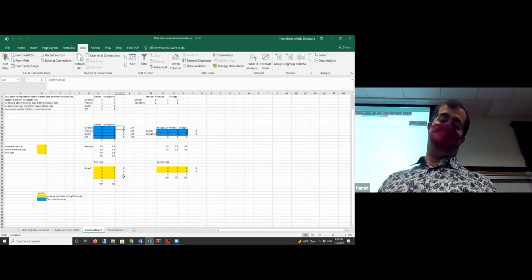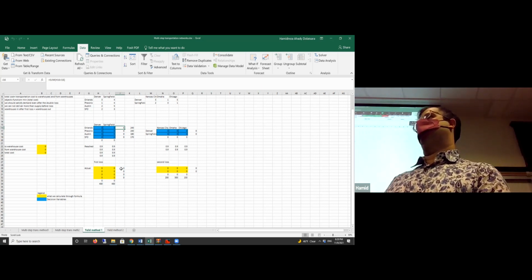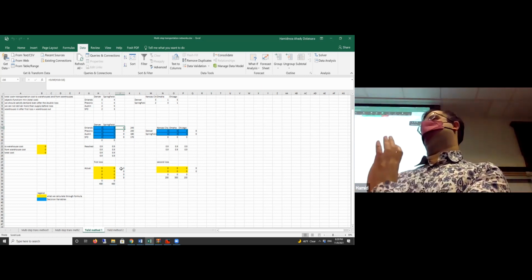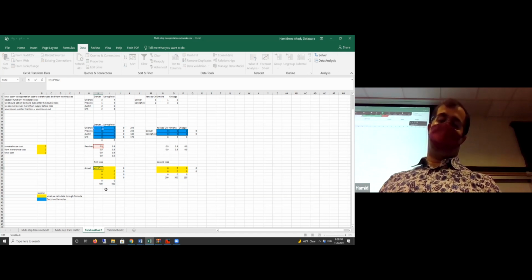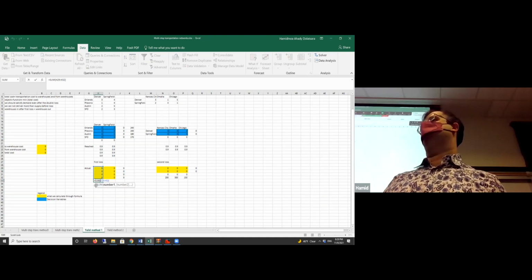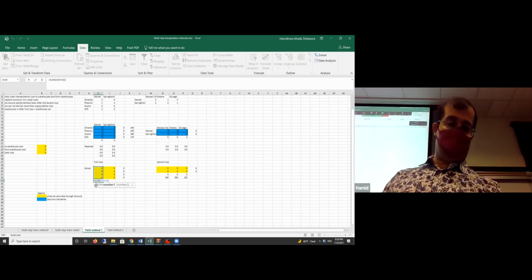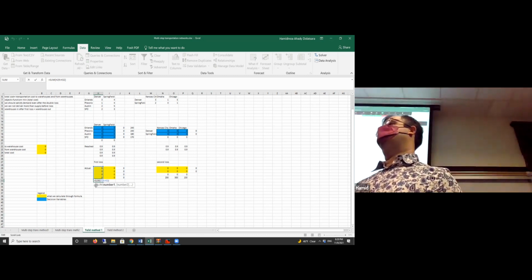But when it gets to the warehouse and goes out of the warehouse, at that point, I already have a 10% loss. If you click on it, this formula is just whatever goes into the warehouse. Cells H29 to 33 are the amount of products that get to warehouse one.